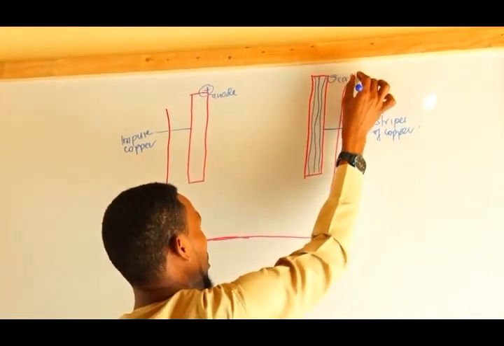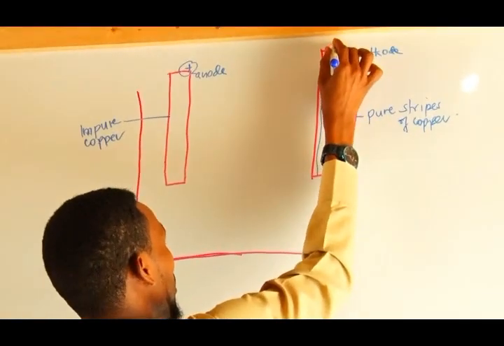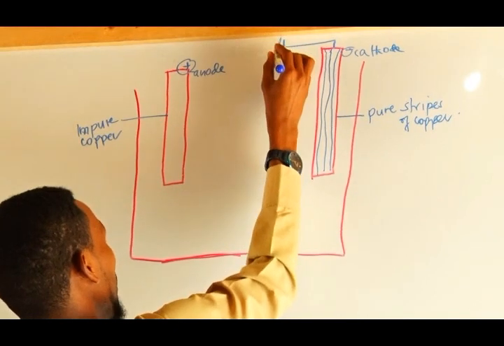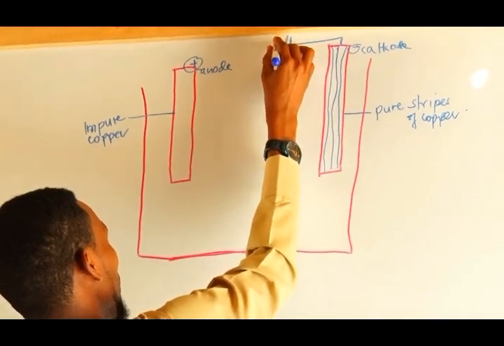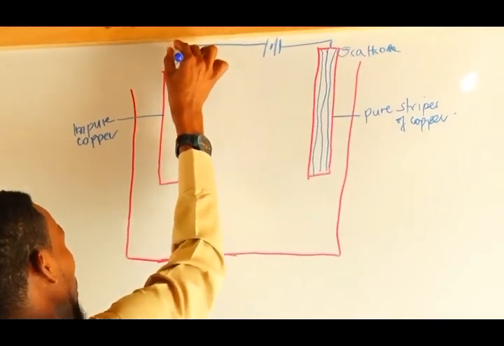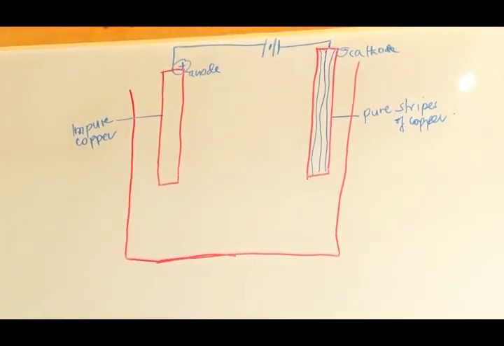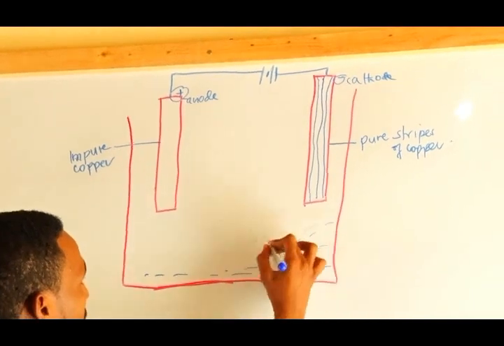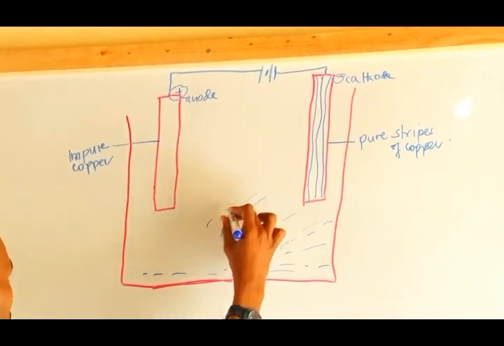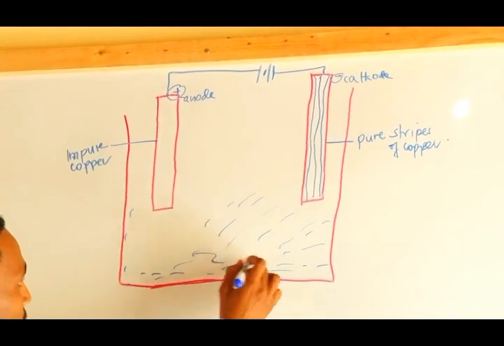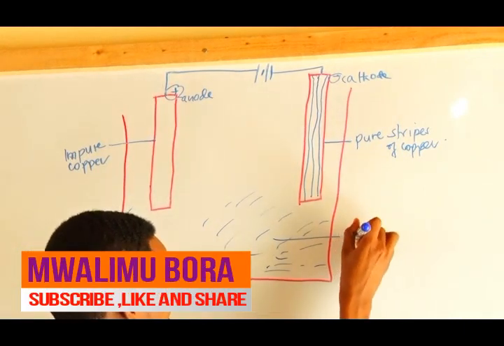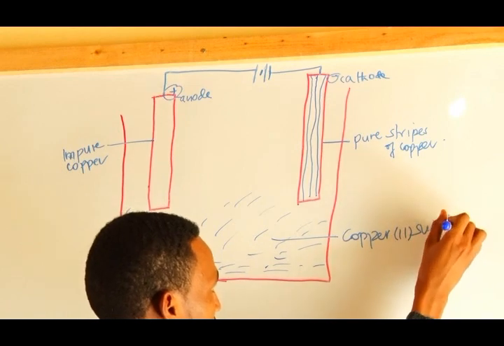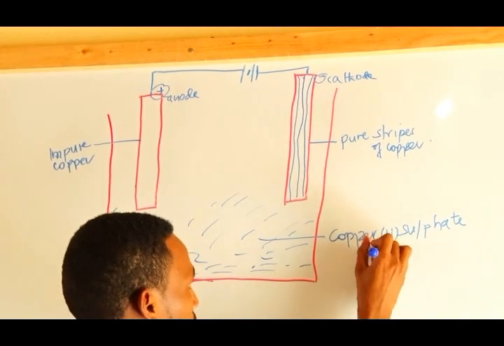This is cathode. Yes, then we have the electrolyte. Electrolyte is copper 2 sulfate solution.